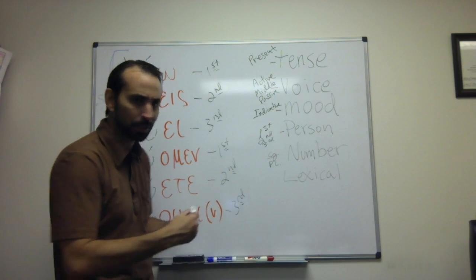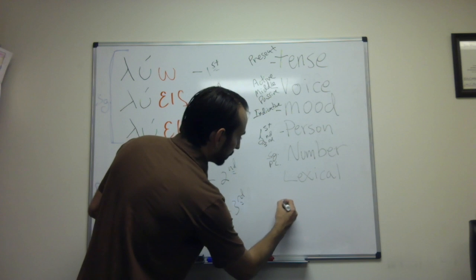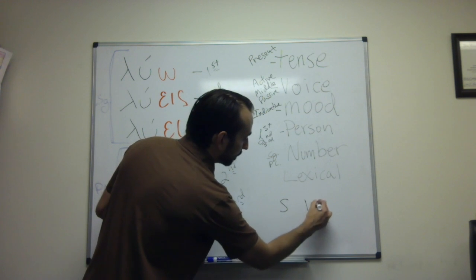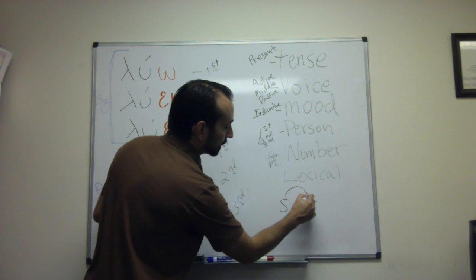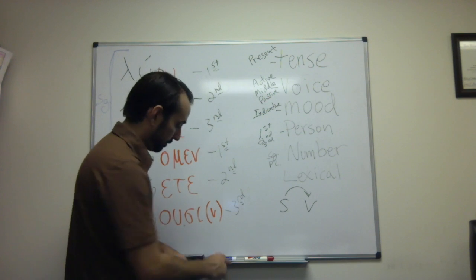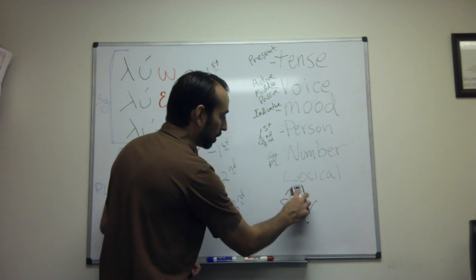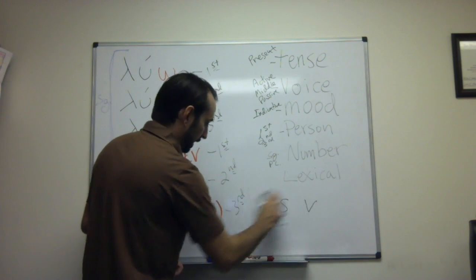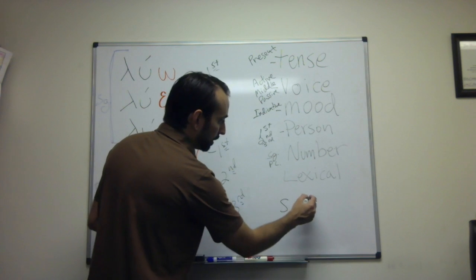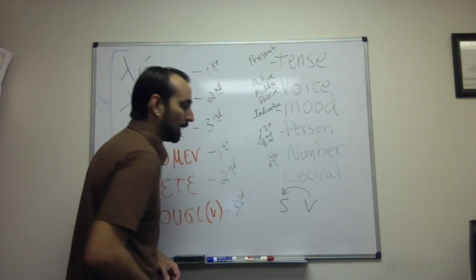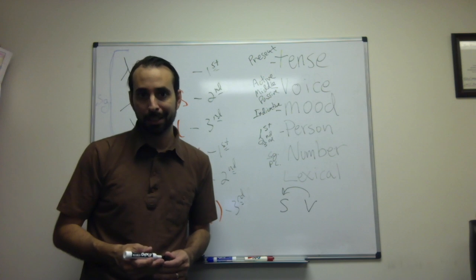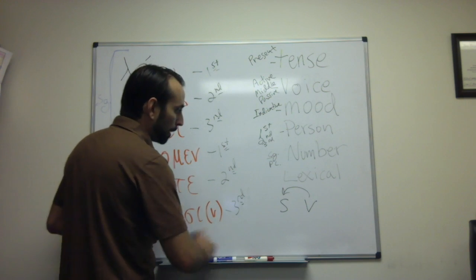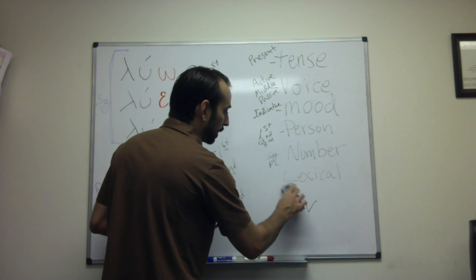Sometimes we draw this out. Sometimes you'll see this drawn out like this. If I've got subject, verb, and active, the subject is doing the action. I hit the ball. In passive, the subject is receiving the action. I was hit by the ball. And then middle, we don't use that quite as much.